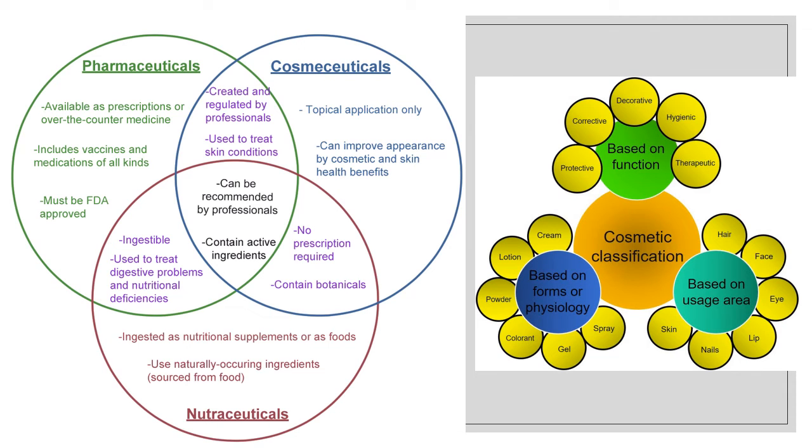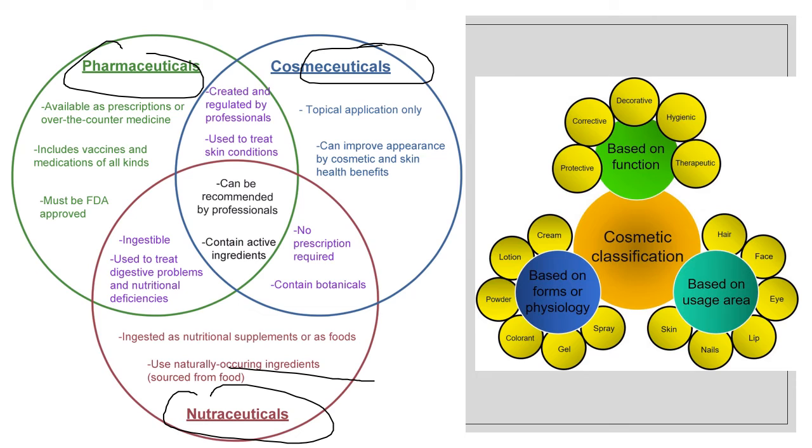The next up we have is certain similarities between cosmeceuticals, pharmaceuticals, and nutraceuticals. So these are basically not naturally obtained nutritional supplements. Cosmetics could be botanical. You do not require a prescription. However, for pharmaceuticals, you require FDA approval.